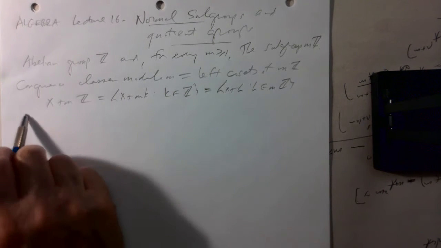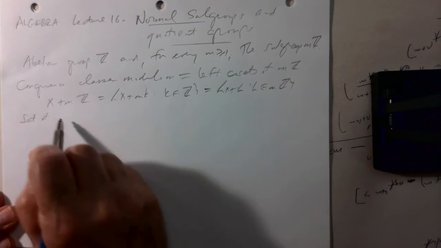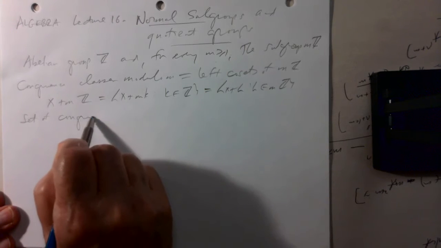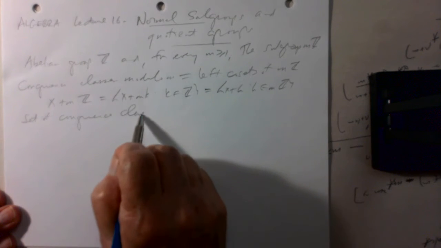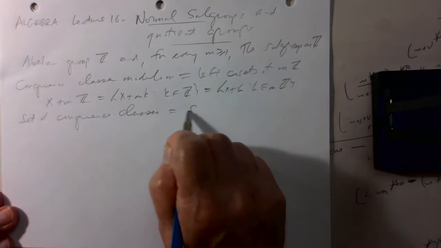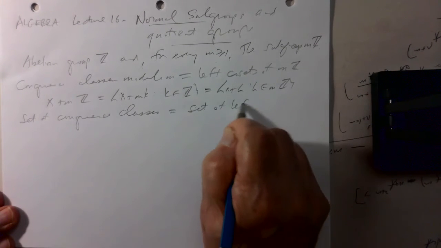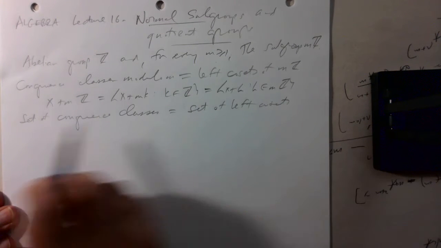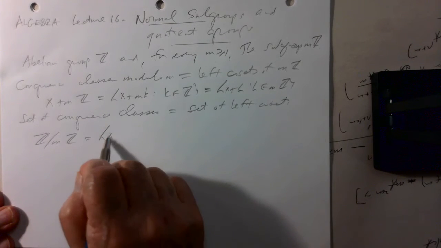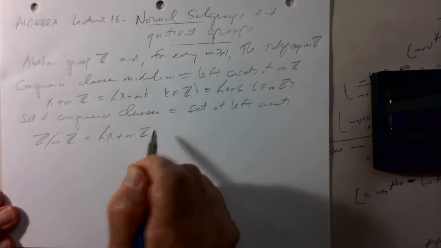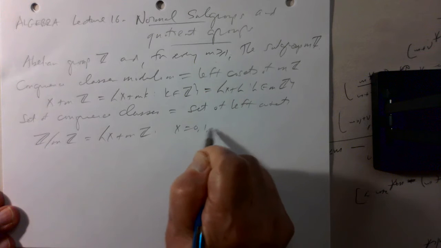It's all the same thing. And we look at the set of congruence classes, which is the same as the set of left cosets, Z mod mZ. And it happens that there are just m of them.